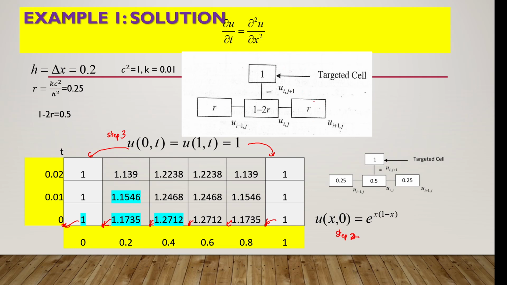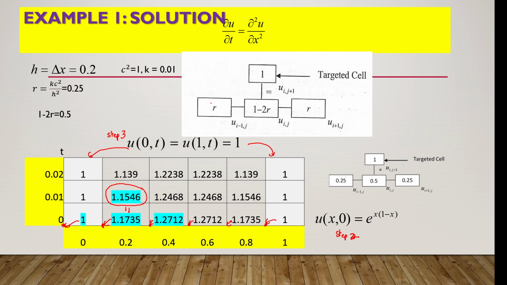It is explicit because for your targeted cell, you have only one unknown cell, and you know the initial condition and the boundary condition. As highlighted in blue here, the targeted top cell is equal to r times your left bottom cell, plus 1 minus 2r times your center bottom cell, plus r times your right bottom cell.